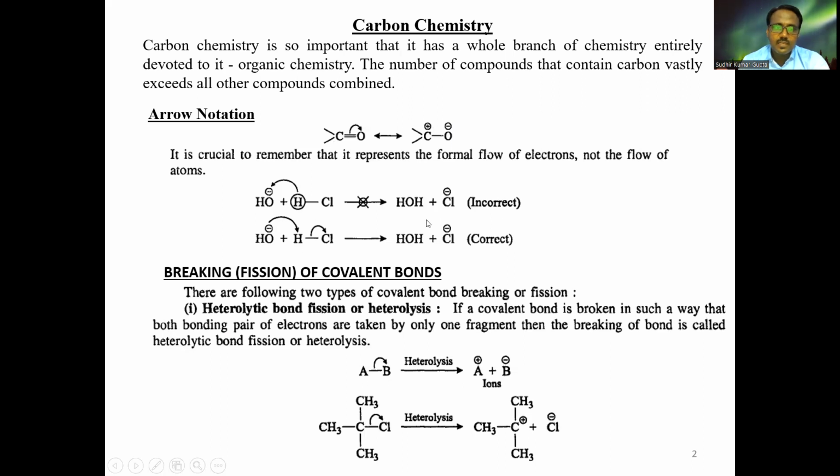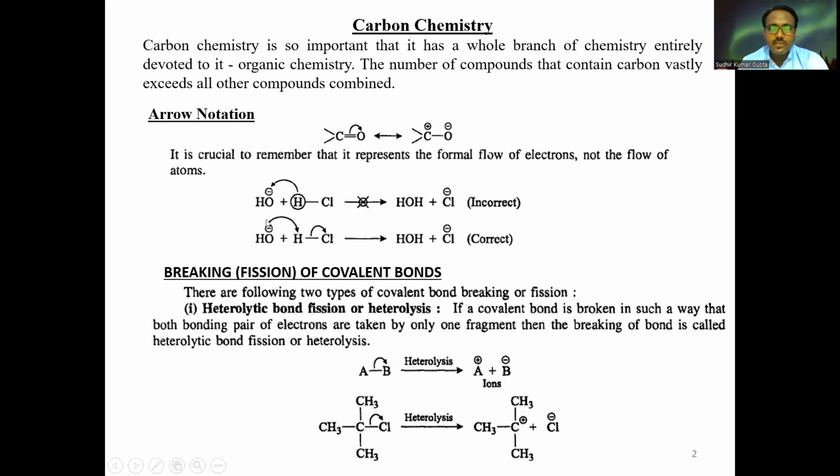So we are having two examples over here. This hydroxide ion and HCl are reacting over here. This proton is getting bonded to OH. So it should not be that the hydrogen is directed towards the lone pair on the oxygen atom through an arrow. Rather, this pair of electrons which is present on the oxygen of the hydroxyl group should move towards the hydrogen atom.